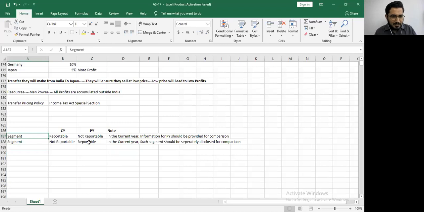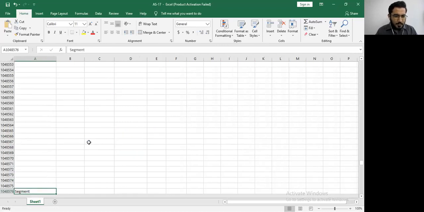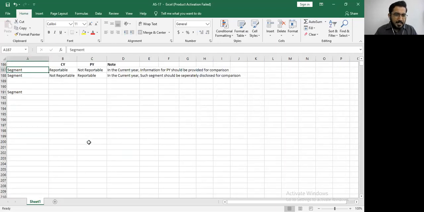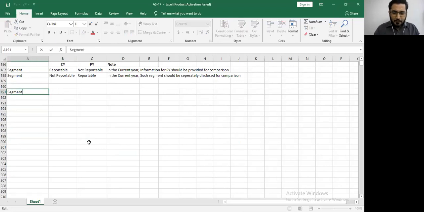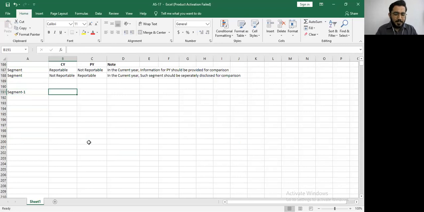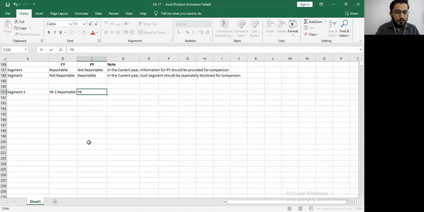Let's again understand this. Let's take two examples. Say for example, this is segment 1. Pay attention, it is a good point. Year 1 reportable, Year 2 not reportable. Is separate disclosure required?